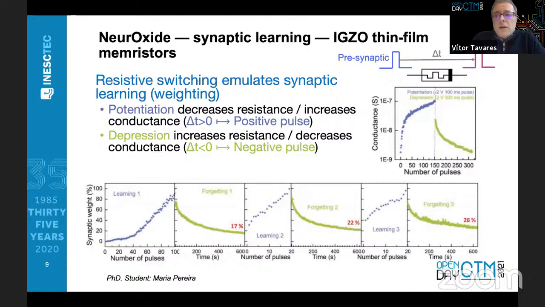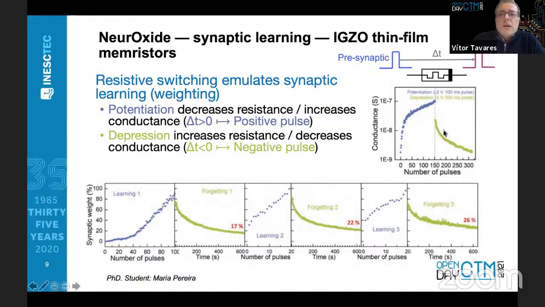Furthermore here, I'll show you something closer to what is expected in a spiking neural net. Okay, so we can use just pulses to program the memristor. If you have a train of positive-valued pulses, the conductance can be increased. And if you use a train of negative voltage pulses, you can actually decrease the conductance.